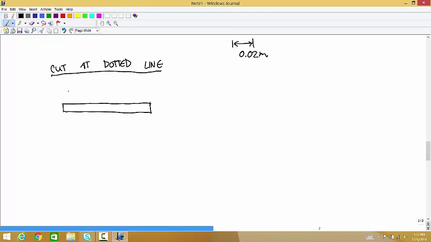The load's acting. There's some weight. We're looking at half of the beam, so that means half the weight is acting at the midpoint of this. It's 100 kilograms, so 50 kilograms of weight is acting on our chosen piece. So that's 490.5 newtons. And then we have T, V, M. We would have fancy T, but there's no torsion in this problem.